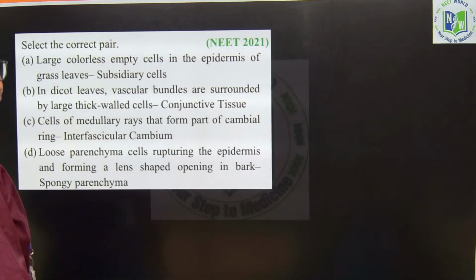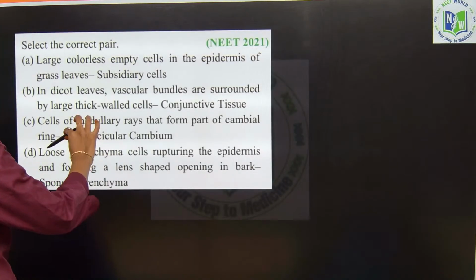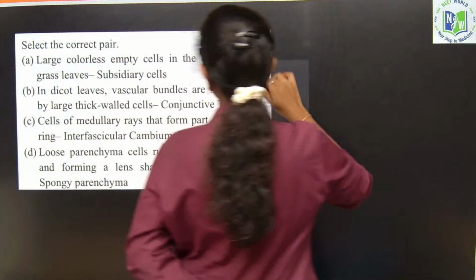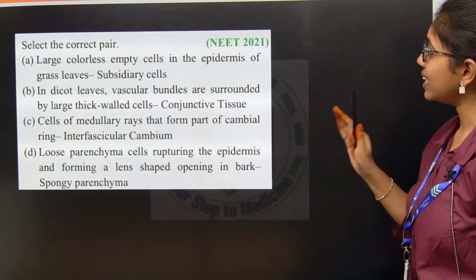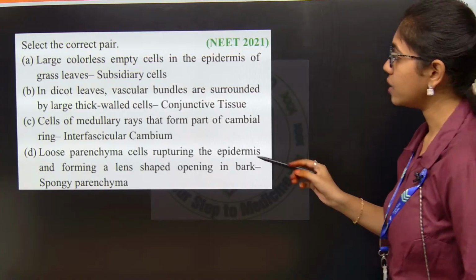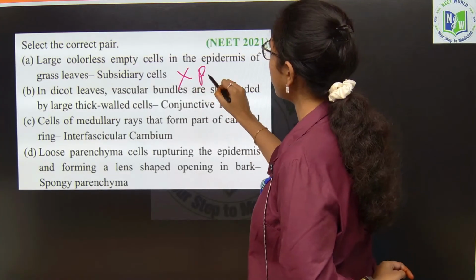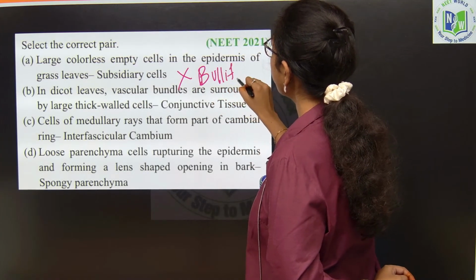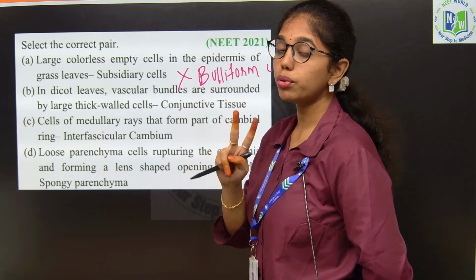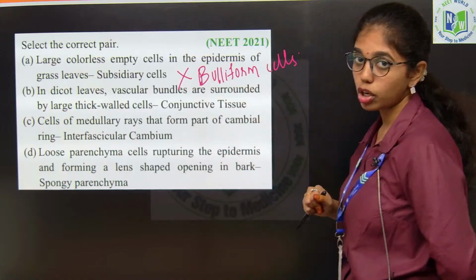Yeah, select the correct pair, which appeared in NEET 2021 again. So the large colorless empty cells in the epidermis of a grass leaf are bulliform cells, not subsidiary cells. Twice the question has been asked on bulliform cells.